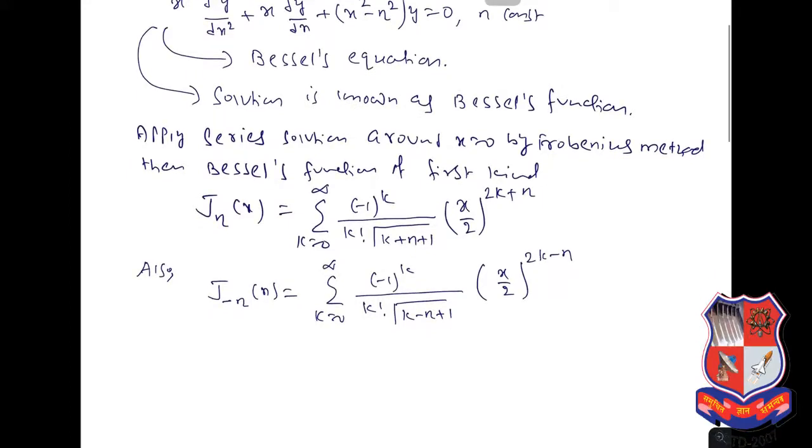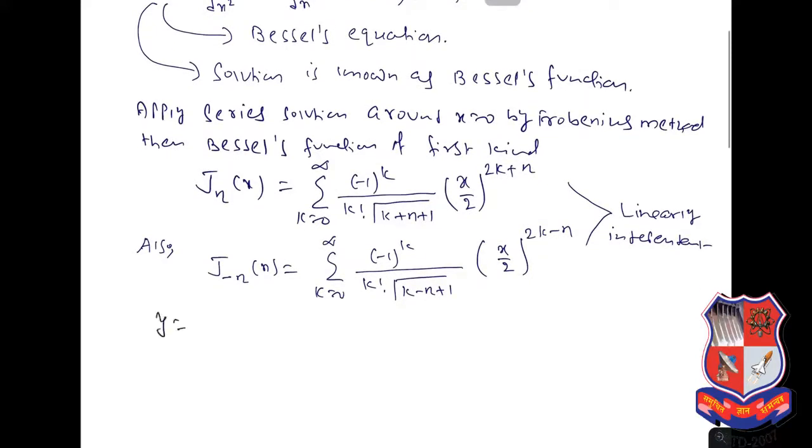It is also a solution, and both are linearly independent solutions. So the complete solution of the Bessel's differential equation is y equal to c1 J n x plus c2 J minus n x.